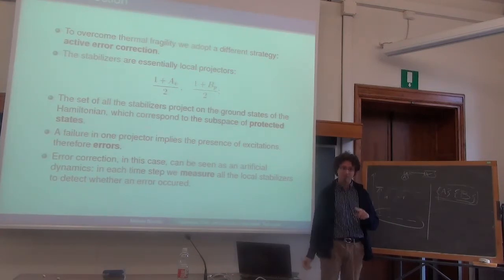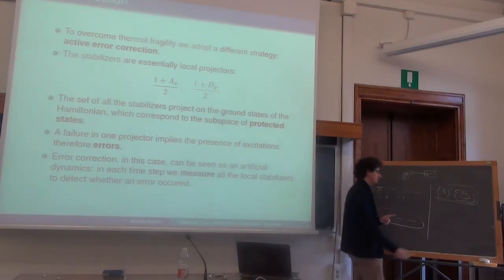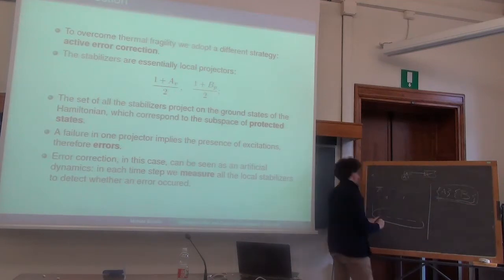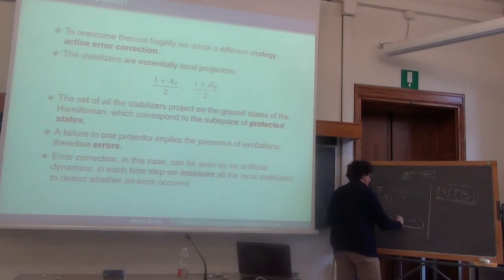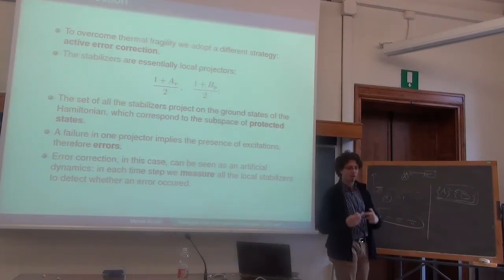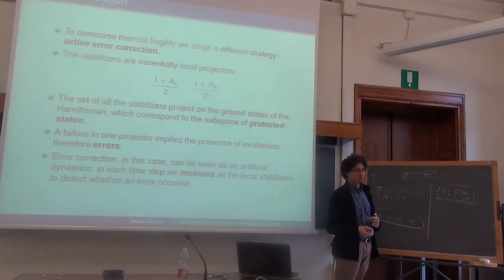At the same time, it is important that the stabilizers do not distinguish between different logical states. So if I find that they are all equal to 1, I gain no information about whether I am in 0,0, 0,1, 1,0 or 1,1 with respect to the non-trivial string symmetries.